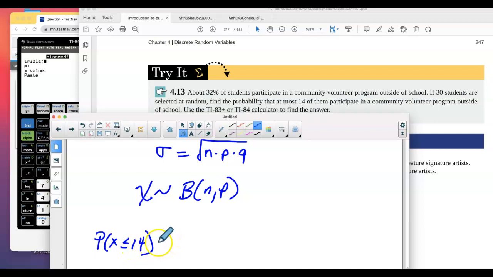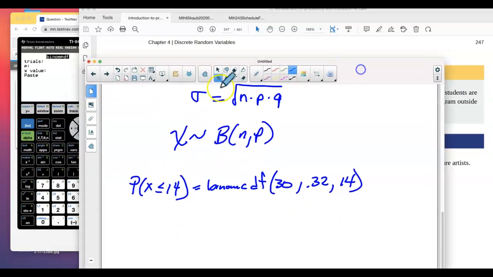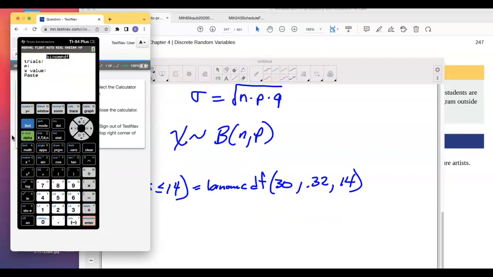And then that would be binomial CDF, because we're doing at most, so less than or equal to. And then we put in N, which is 30 here for the number of students, P, which is 32%, and then the X value, which is 14. So if we type this in, this should give us our probability of at most 14.